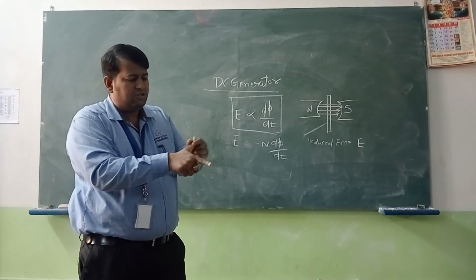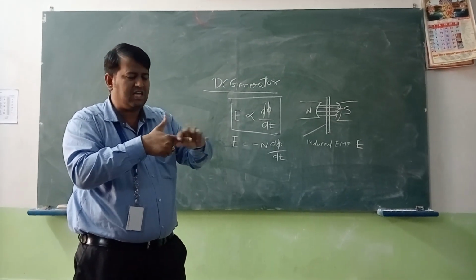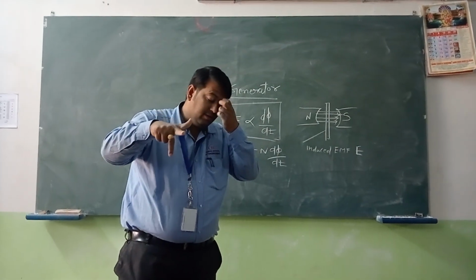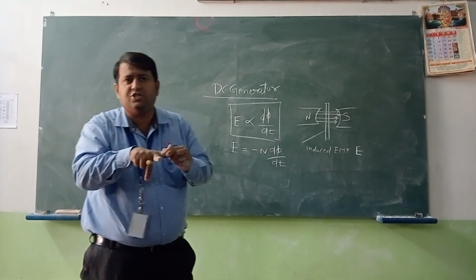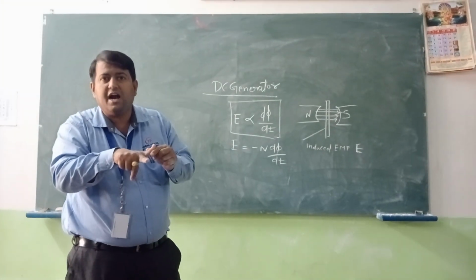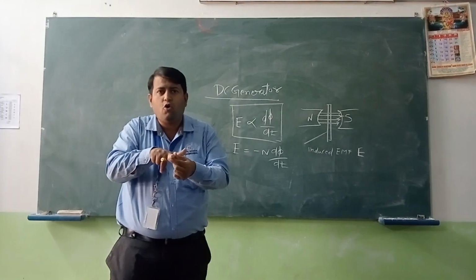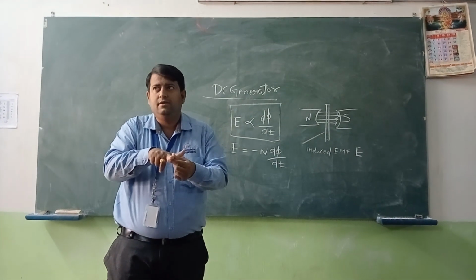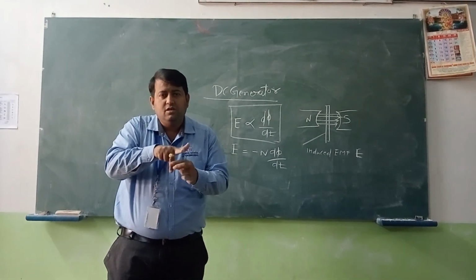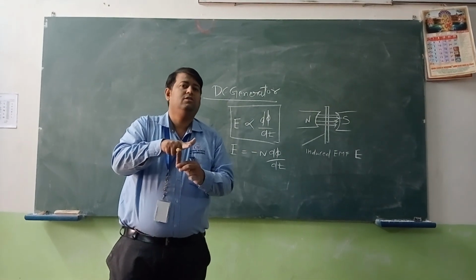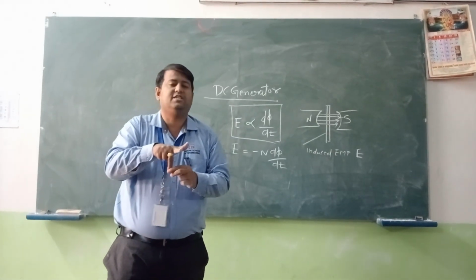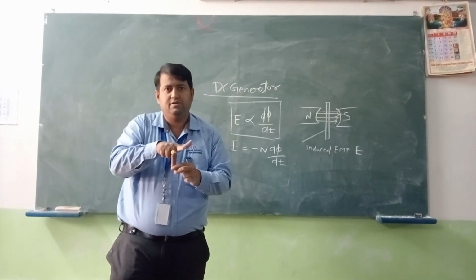This is the thumb, this is the forefinger and this is the middle finger. The thumb shows the direction of the conductor's motion, the forefinger shows the direction of the magnetic field, and the middle finger shows the direction of current.